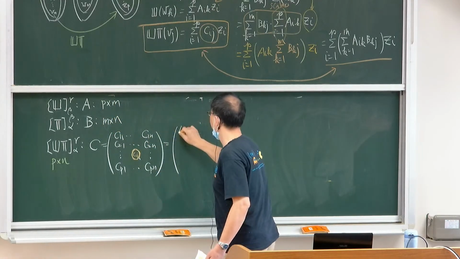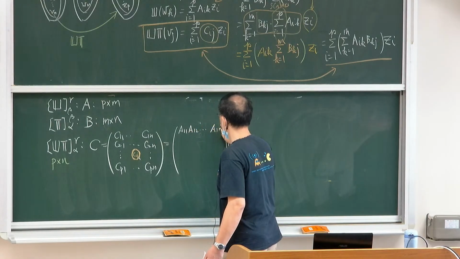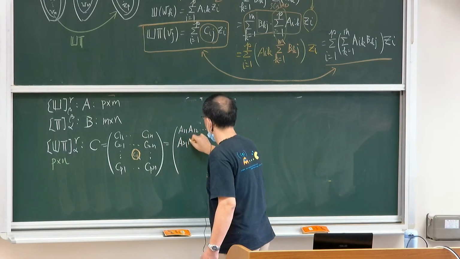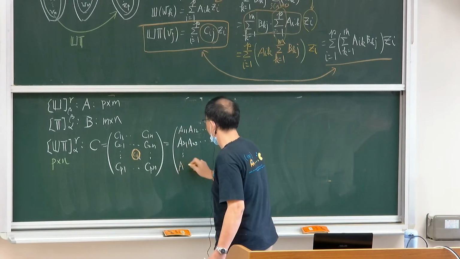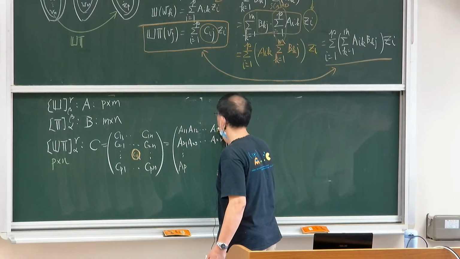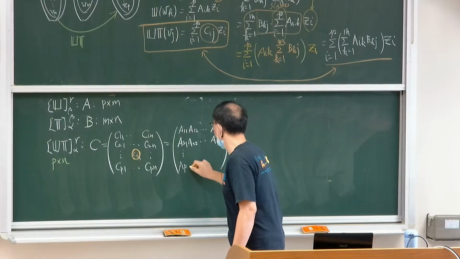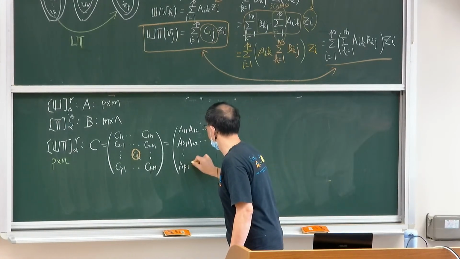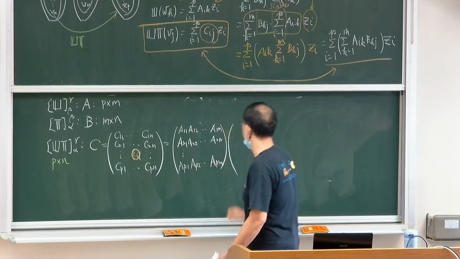So I have A11, A12 to A1M, A21, A22 to A2M, etc., AP1, AP2 to APM.